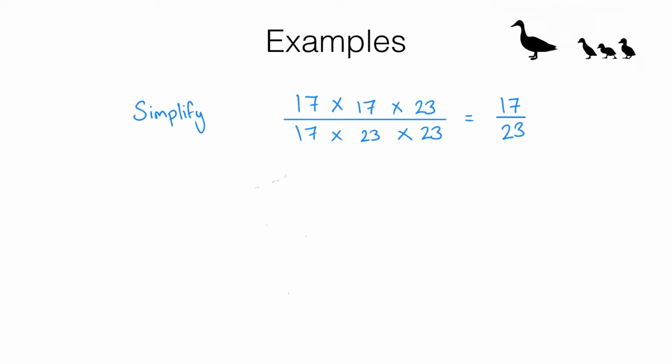So I can simplify before even working out this product. Similarly, I can see that 23 is a factor of the numerator and the denominator. So I can simplify like this. And that just leaves me with 17 over 23.